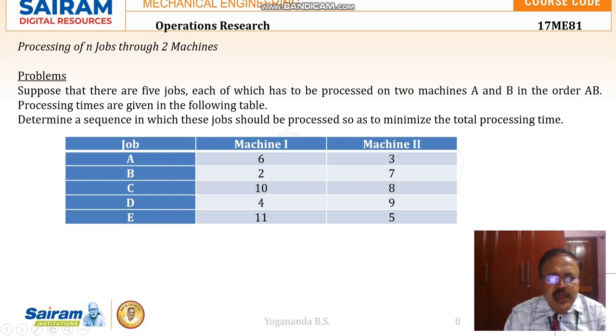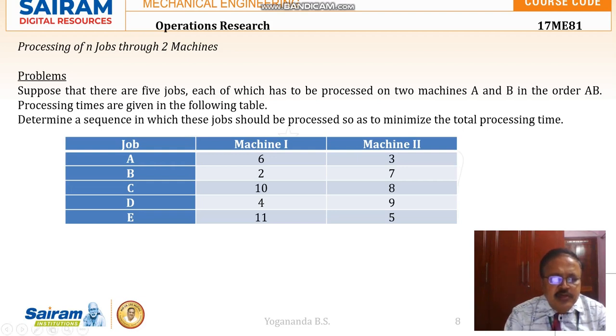That is machine A and machine B. So processing times are given in the table. If it is in minutes, we'll find out the total processing time in minutes. If it is in hours, it will be taken in hours.